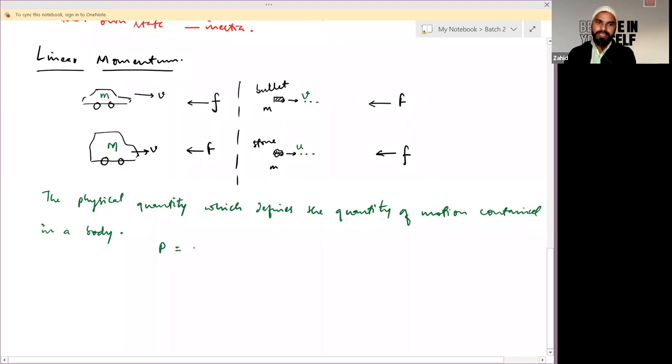So P equals mass times velocity. In this product, mass is a scalar term, but velocity is a vector term. So scalar multiplied by any vector will give you just a vector. So it is a vector quantity having SI unit kg meter per second.